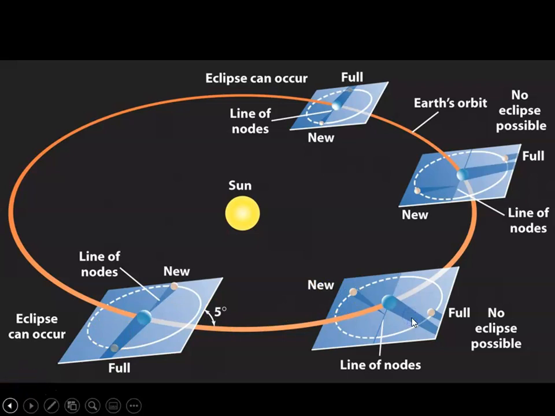Now, something to consider in these diagrams is that when our moon crosses the line of nodes during a full phase or a new phase, there's a good chance that it also crossed or will cross the line of nodes again in 2 weeks or 2 weeks ago.